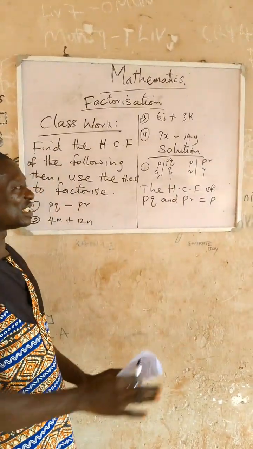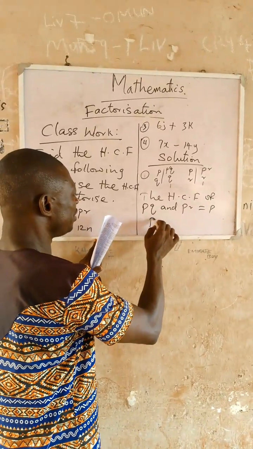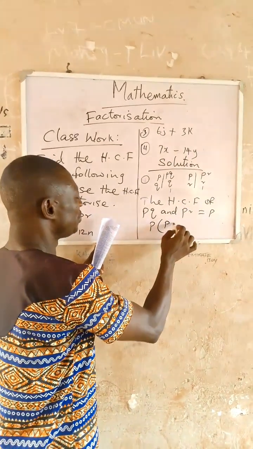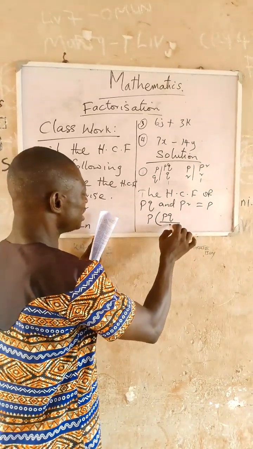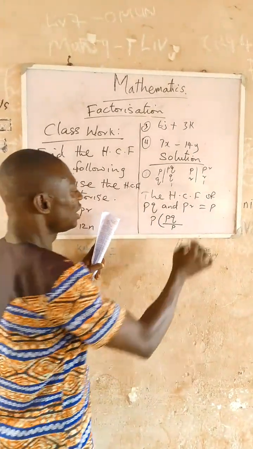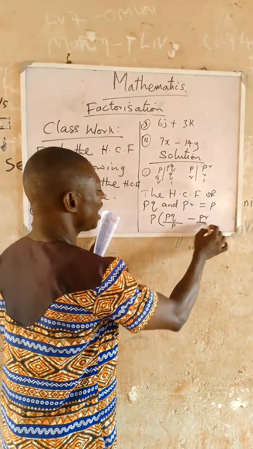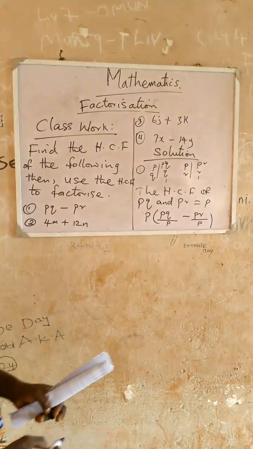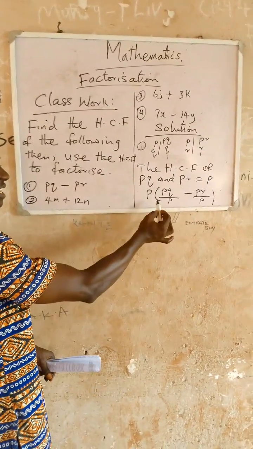Therefore, we use that HCF to factorize. Factorizing now will give us, bring the P outside, write PQ divided by that HCF, which is P. Write minus PR divided by that HCF, which is P. Then we can cancel out.